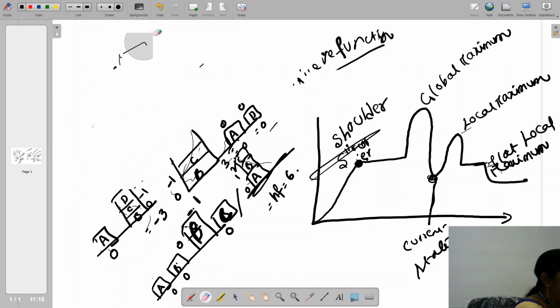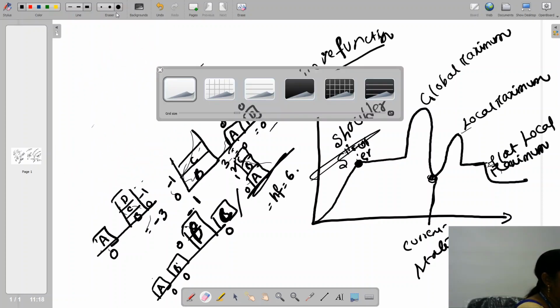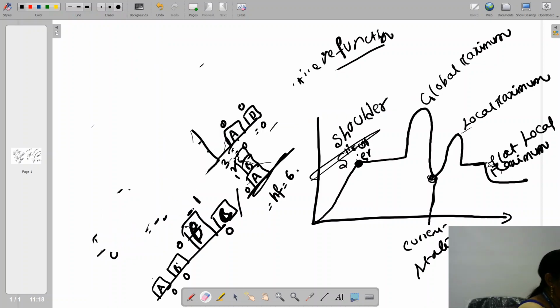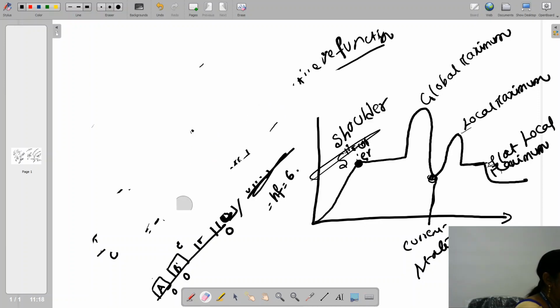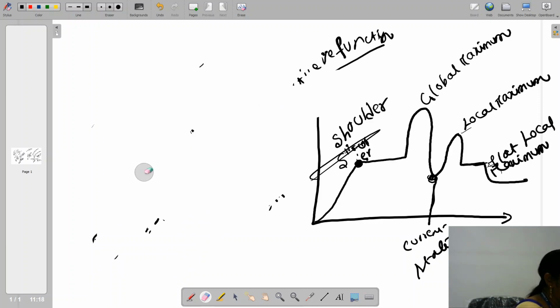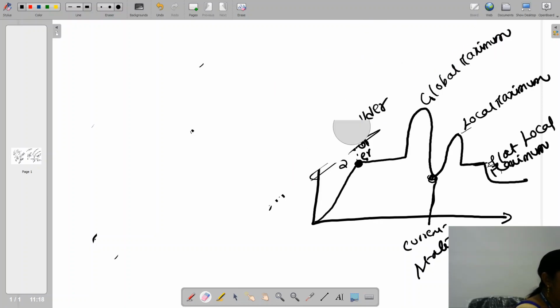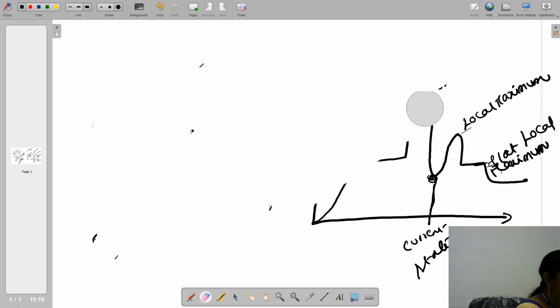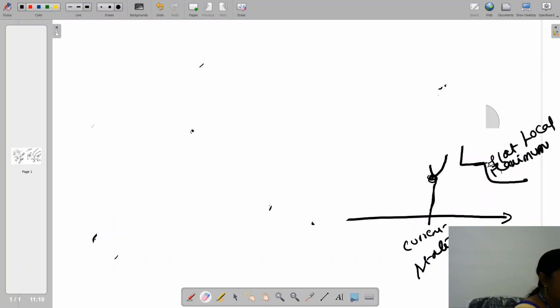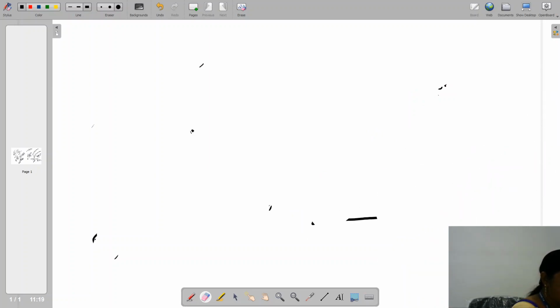I am repeating this once again if you did not understand. I'm giving another problem for solving this kind of problem using hill climbing. I have an initial state and a goal state. If you have an initial state and goal state, how do we apply hill climbing to solve those kinds of problems?